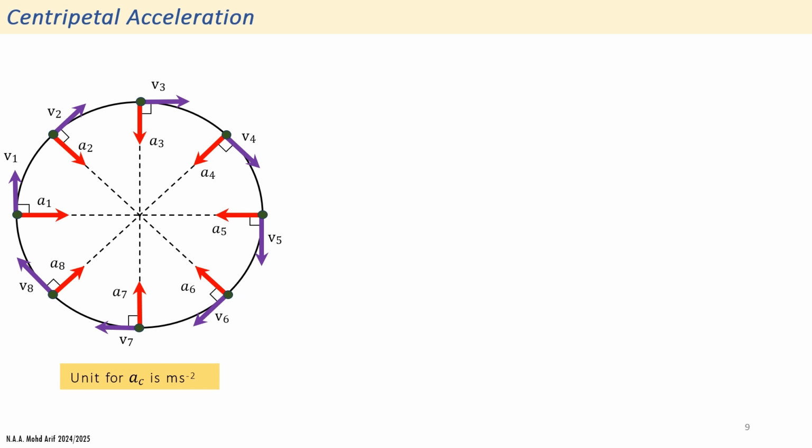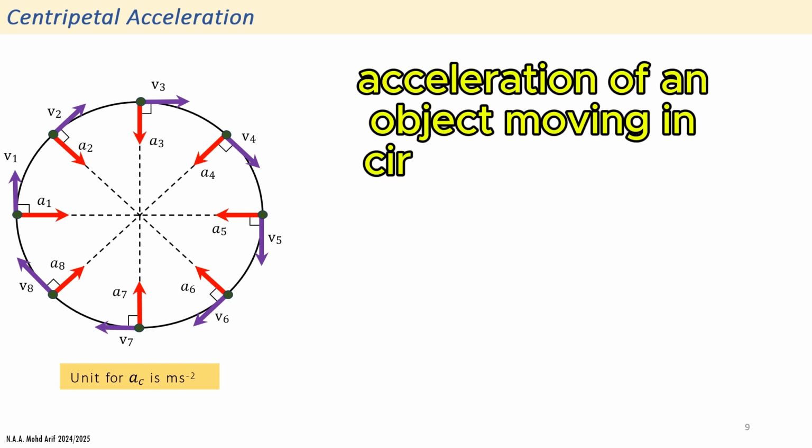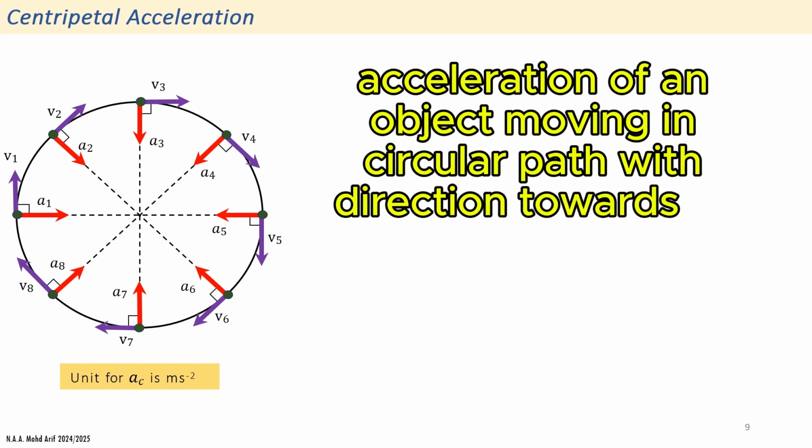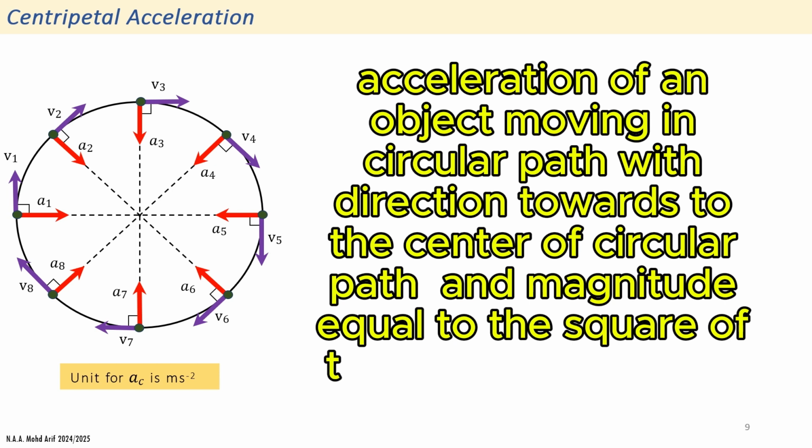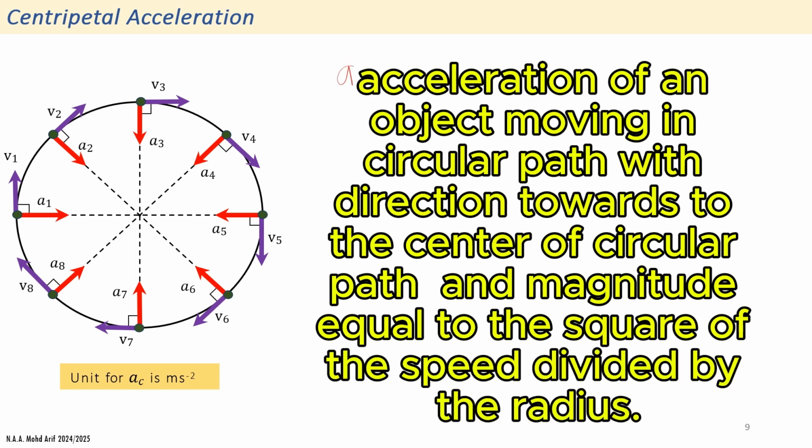Centripetal acceleration. Even though an object moves at a constant speed in a circular path, it still has an acceleration due to the changing direction of linear velocity. Centripetal acceleration, the symbol is a_c, is defined as the acceleration of an object moving in a circular path with direction towards the center, and magnitude equal to the square of the speed divided by the radius.